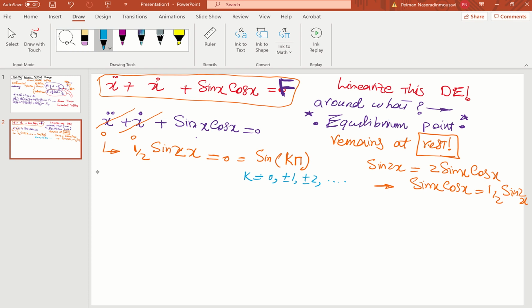So we get here 2x is equal to k pi, that's right, from this equality. So you get that the equilibrium point that we are showing with x hat is going to be k pi over 2.